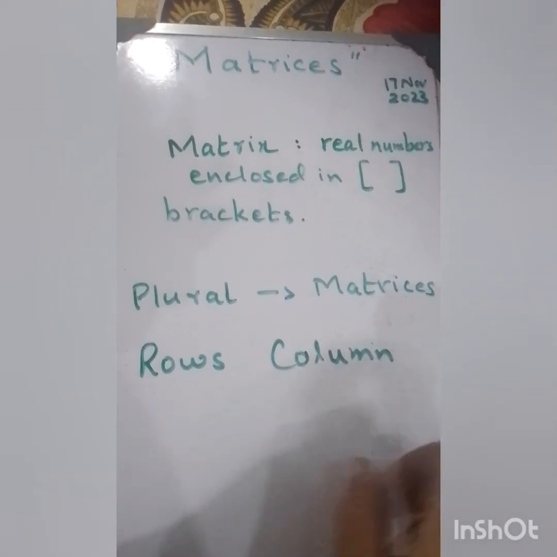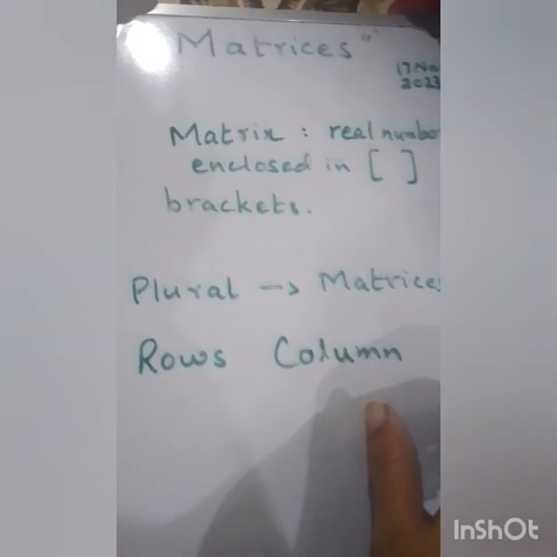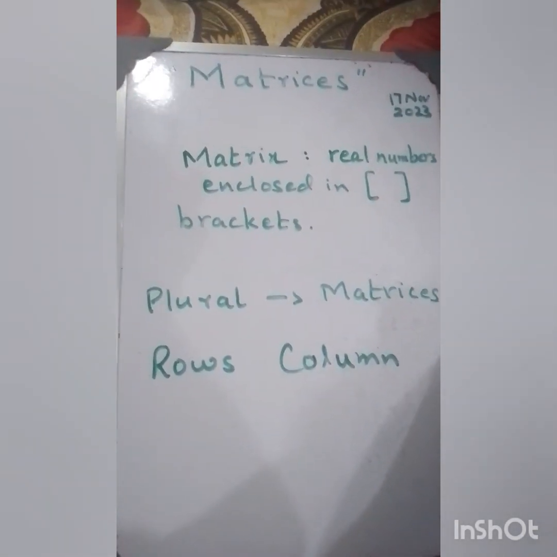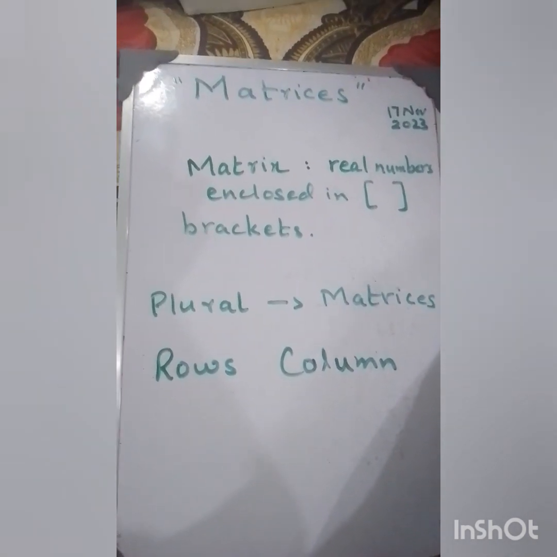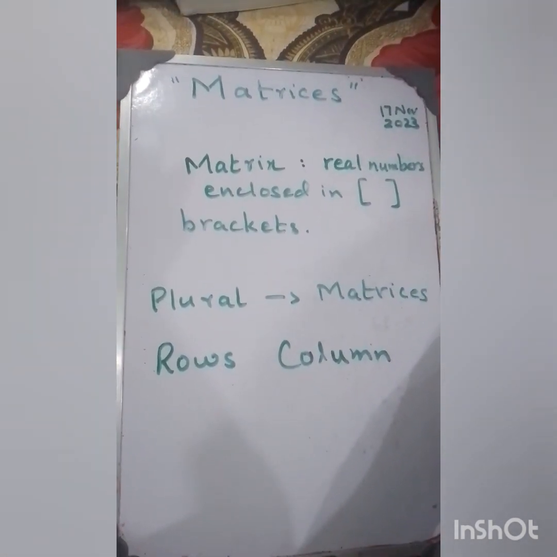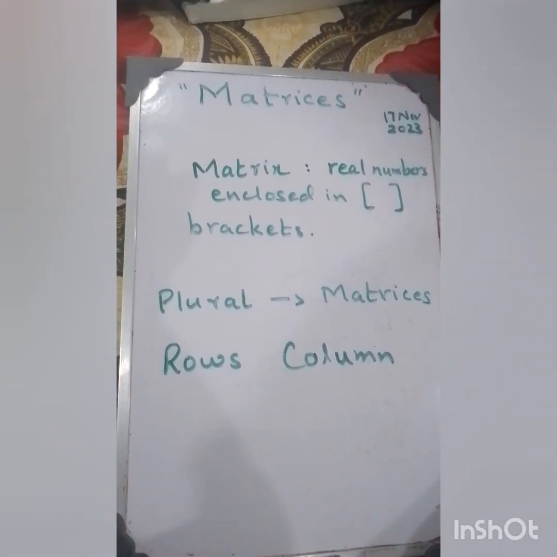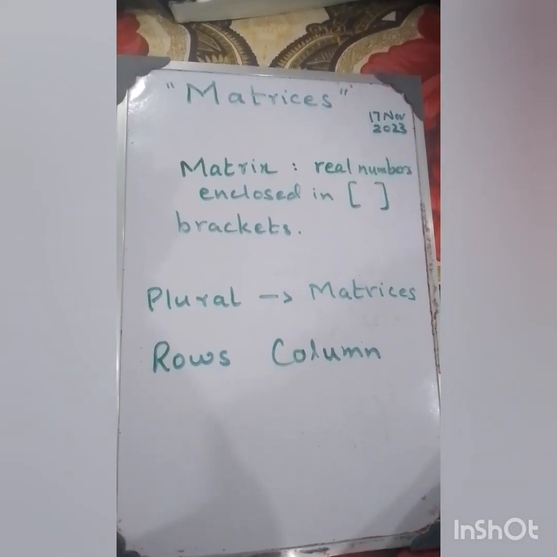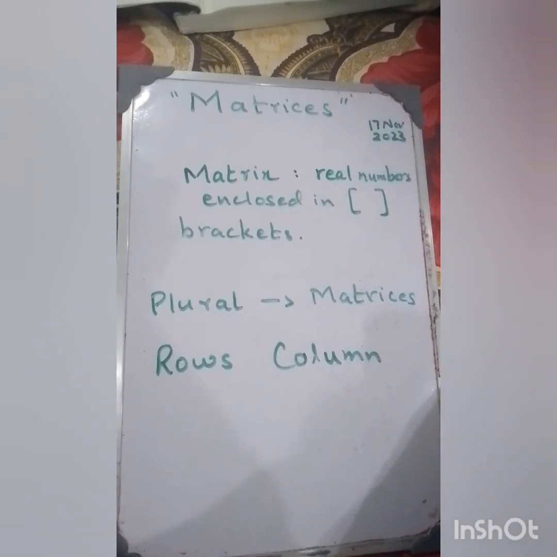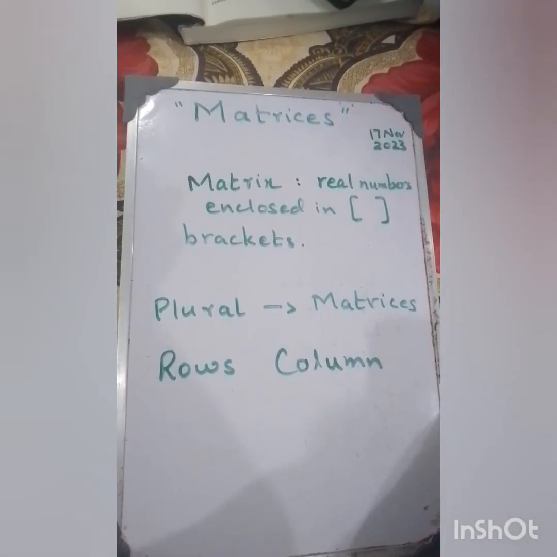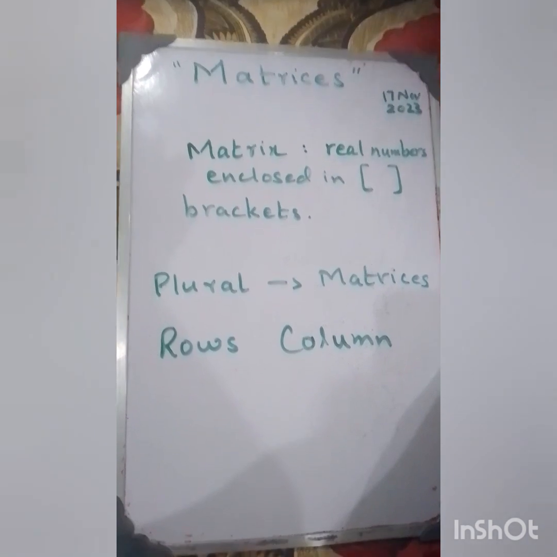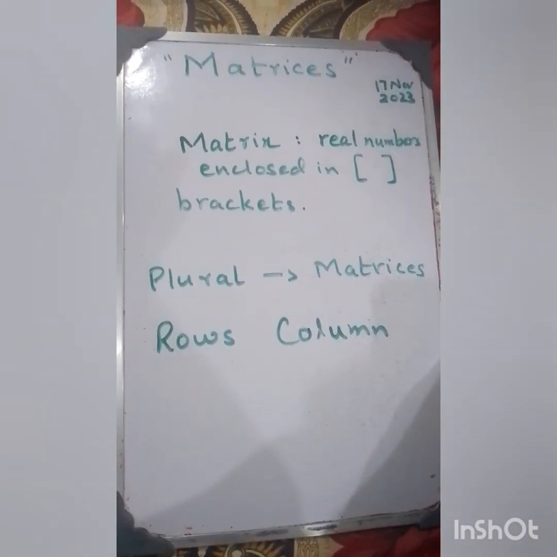We are beginning with the very simple basics of matrices. Matrices are comprised of real numbers, and you know that very well. In my previous video I have already taught you about real numbers, and if you want to review them, you can go through my previous videos.